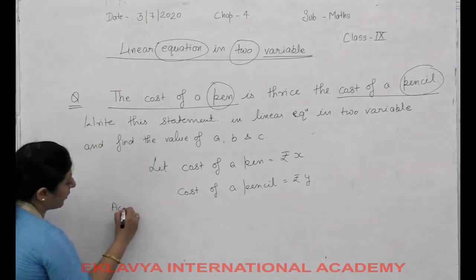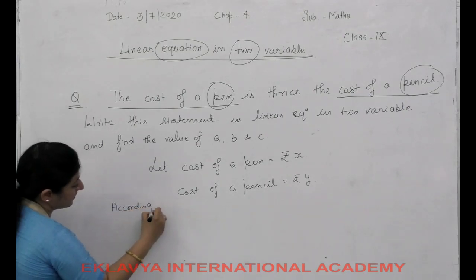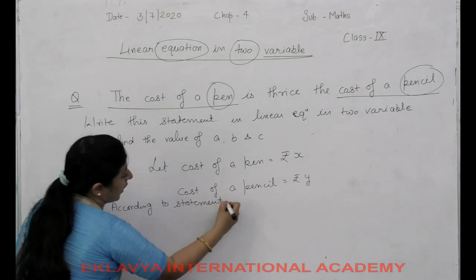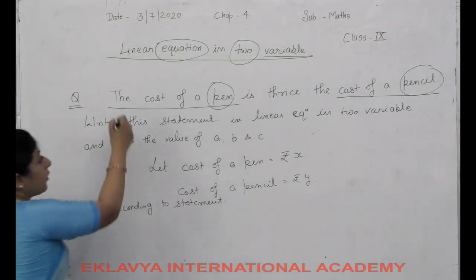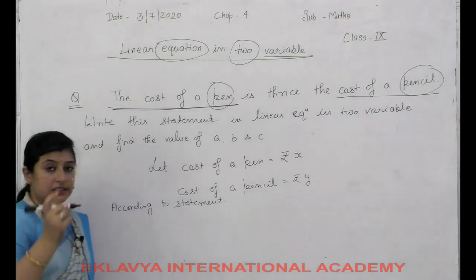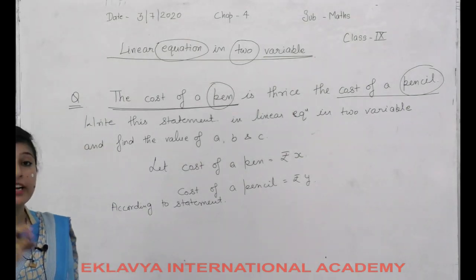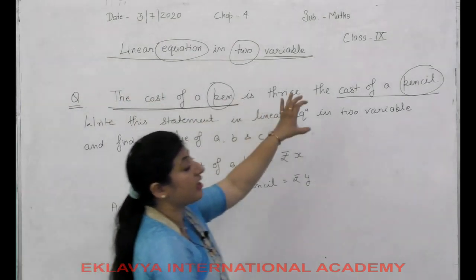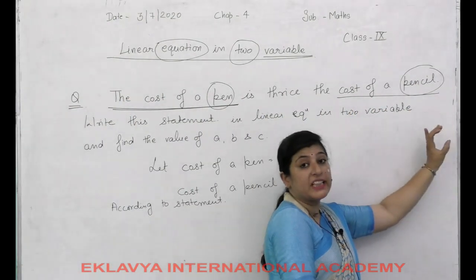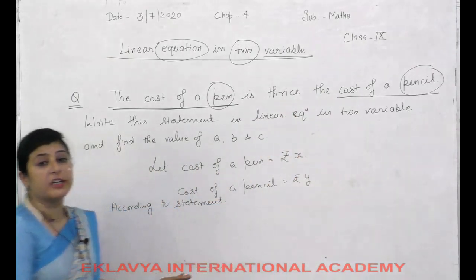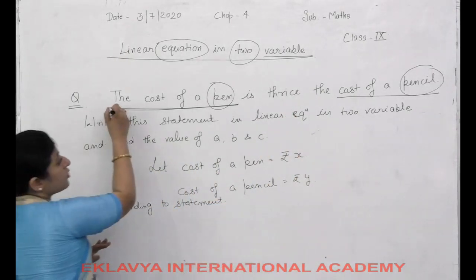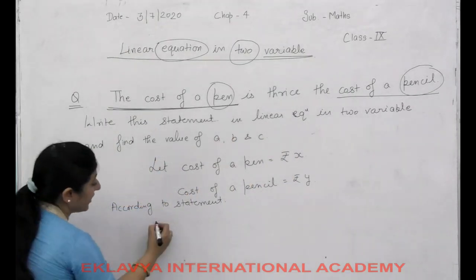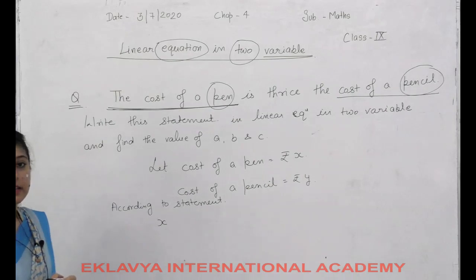Now according to the statement we write down the equation. How to write down? See this thing properly, we write the equation according to the statement. It means we just read the statement carefully, then we write down the equation for it. Cost of a pen, what is the cost of a pen for us? x. So we write down firstly x.